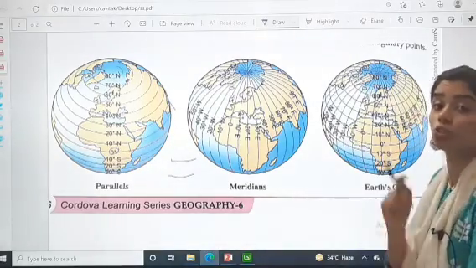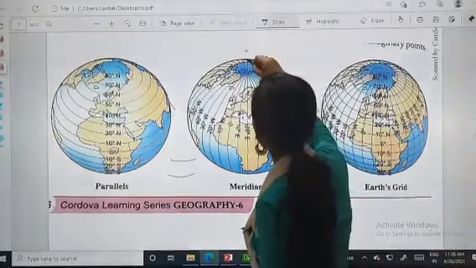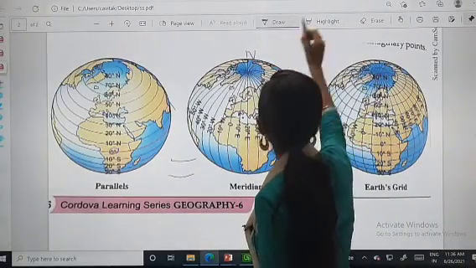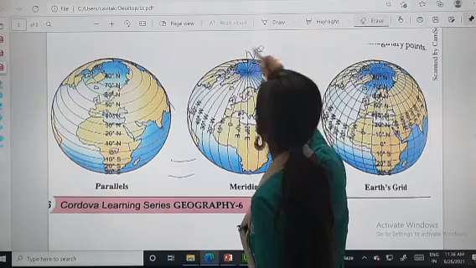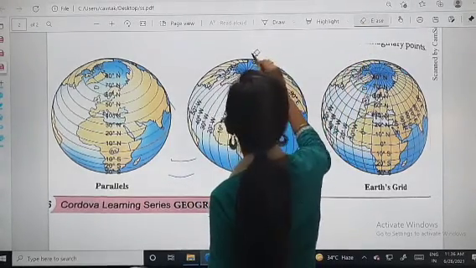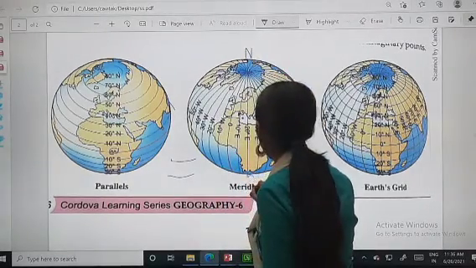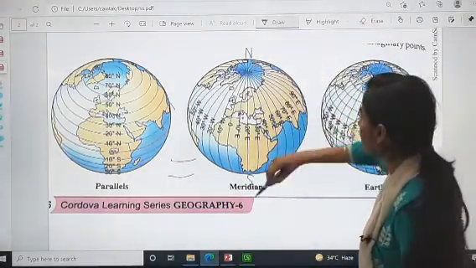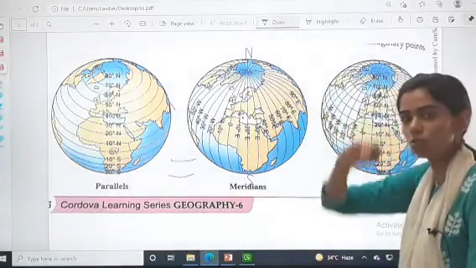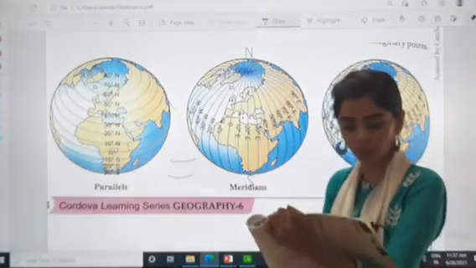That it passes through the north pole and the south pole. See, this is the north pole, and this is your south pole. Between the north and the south, it rotates like this.